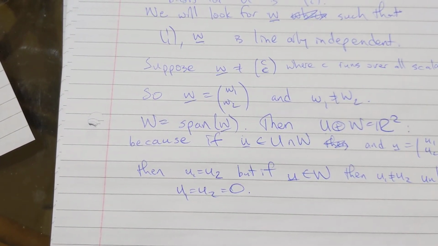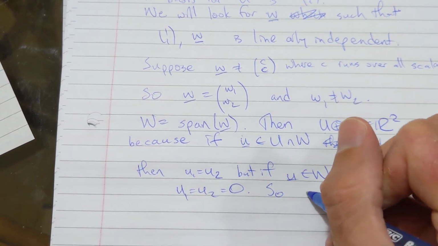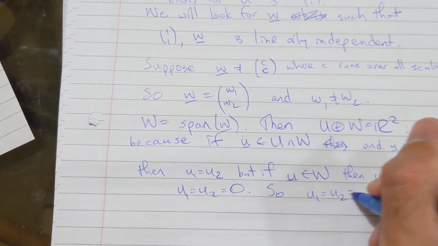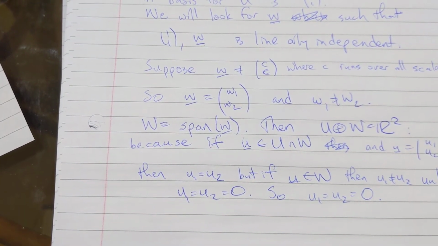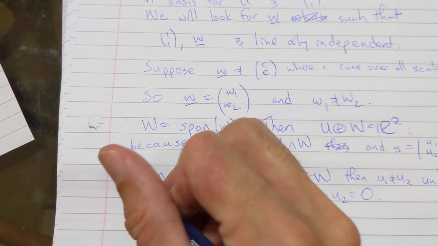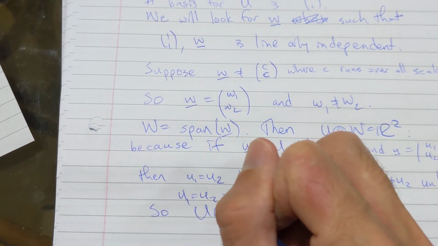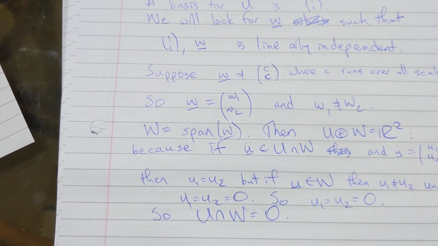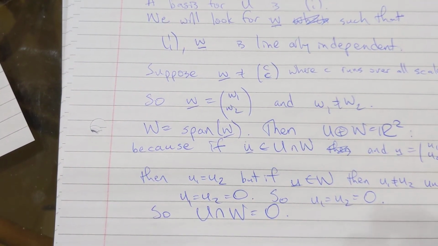So u1 equals u2 equals 0, so U intersect W equals 0. And what about U plus W?